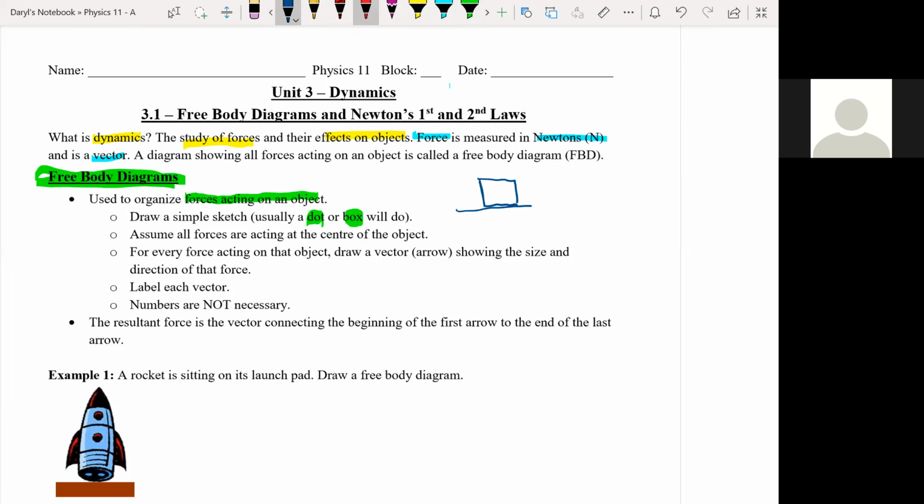If I'm going to draw my free body diagram, I represent my object as a dot. This is my object. You just have to draw the dot to represent your object and identify the forces. As I mentioned earlier, this particular object on Earth should be acted upon by gravity, so Fg is downward.